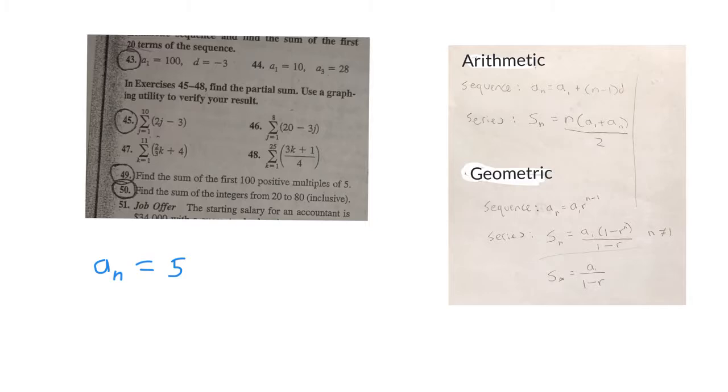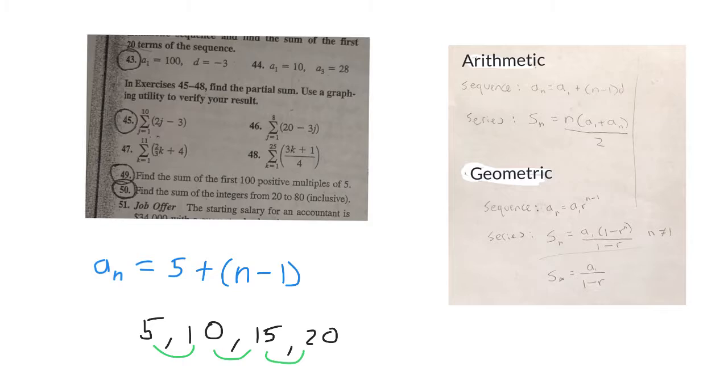So the first positive multiple of 5 is 5, and that's going to be plus n minus 1 times the space in between each of those numbers in the sequence. So the first positive multiple of 5 is 5. The next positive multiple of 5 is 10. The next one's 15. The next one is 20, and so on. So clearly, the space between all of these is 5, and that is what goes right here.